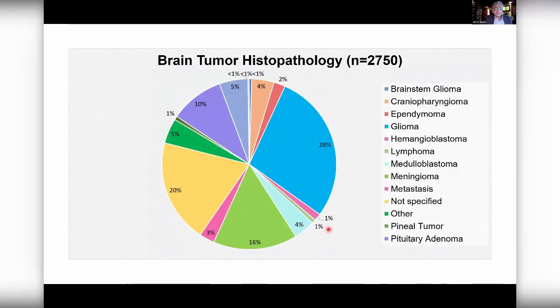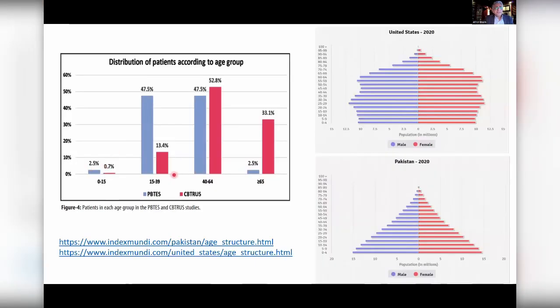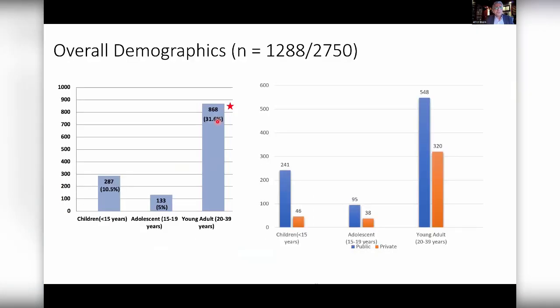Now, the other difference that I found is that this is the CBTRUS data in red. If you look at the peak age of the CBTRUS data, whereas the PBTS data shows a different curve over here. We see a much earlier peak in brain tumors. Although the patient population of USA versus Pakistan is different, it still does not justify this difference in the graph.